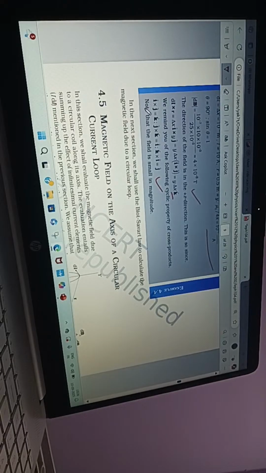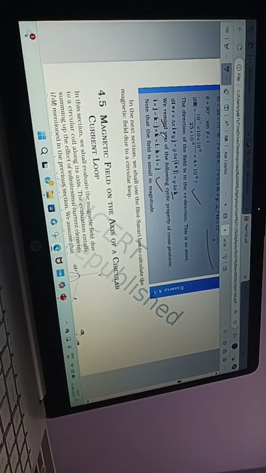What are i, j and k? They are orthogonal unit vectors. One is in the x direction, the other in the j direction, and if i and j are known, then it will become k.